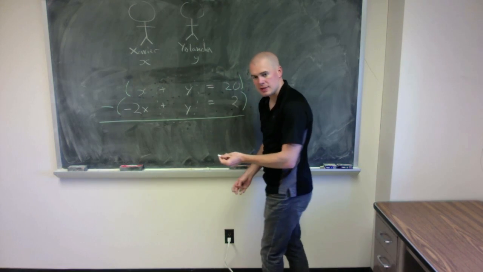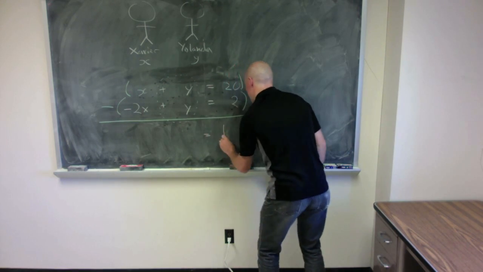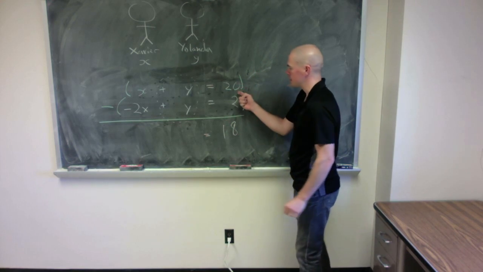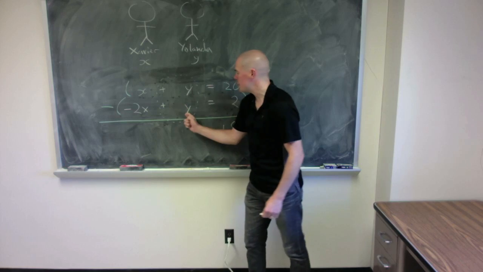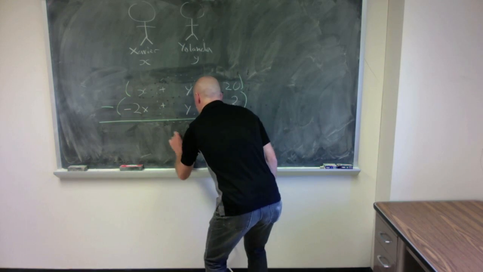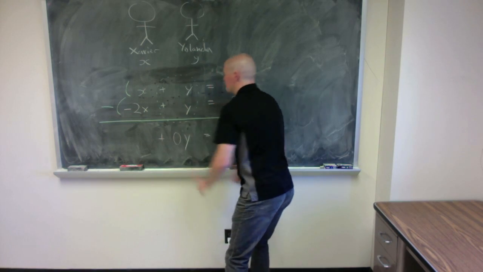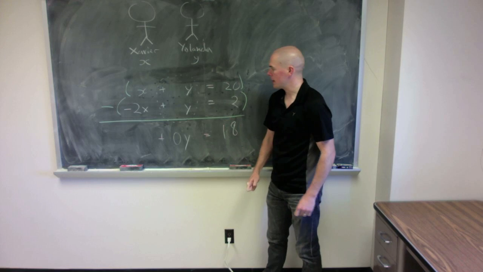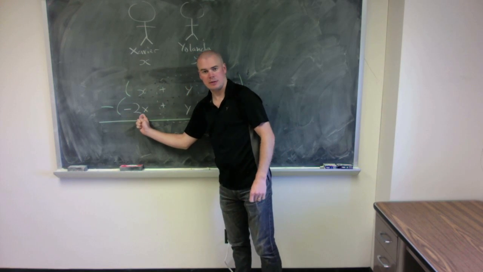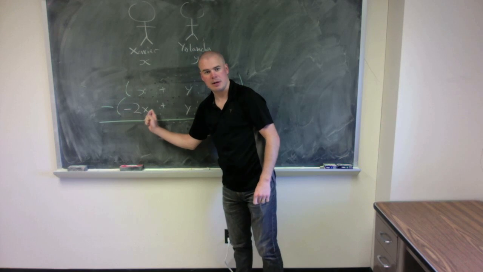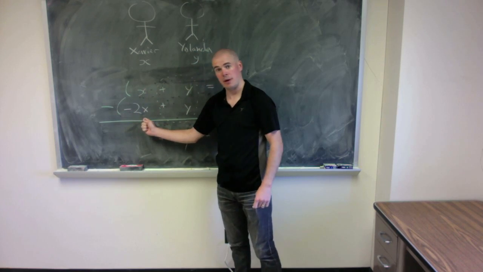So let's do the right-hand side first, because that's easier. We see 20 minus 2 is 18. On the left-hand side, I have y minus y is 0y. But with the x, I have x minus a negative 2x. Minus a negative becomes a positive, so I have x plus 2x.